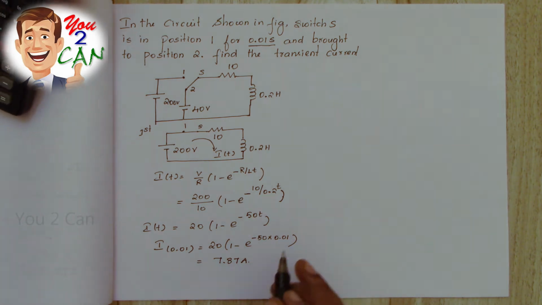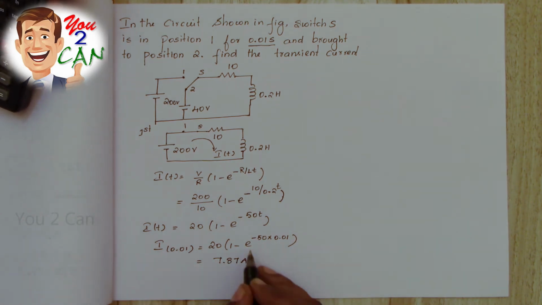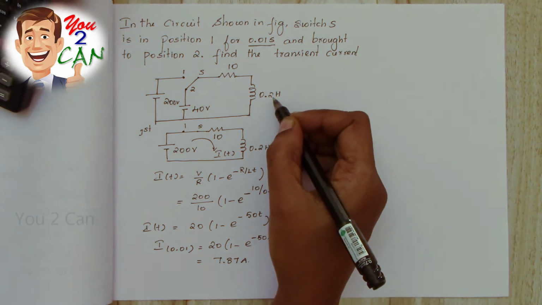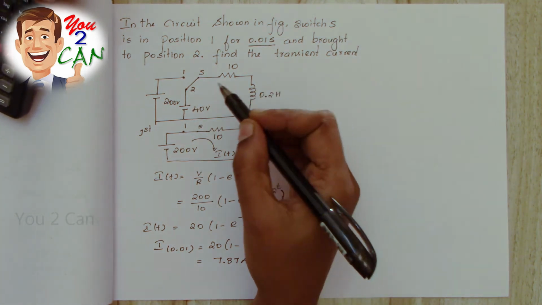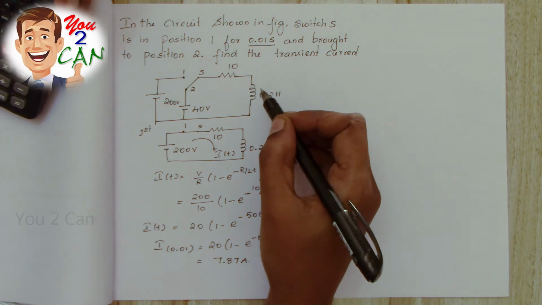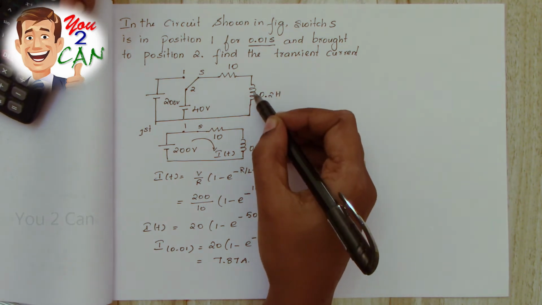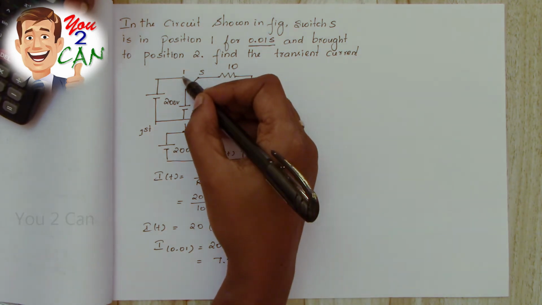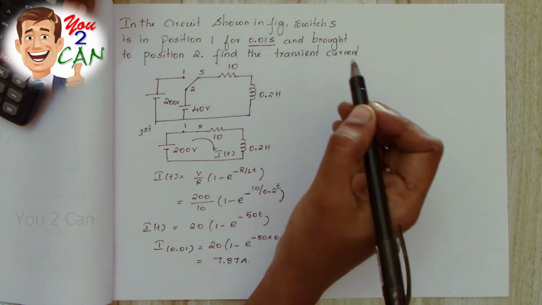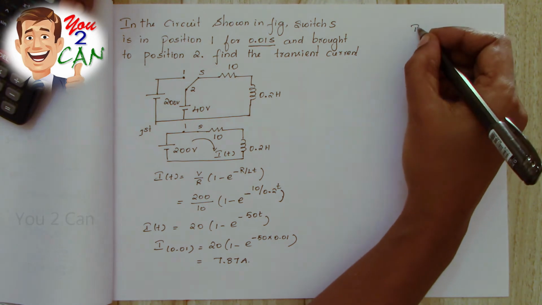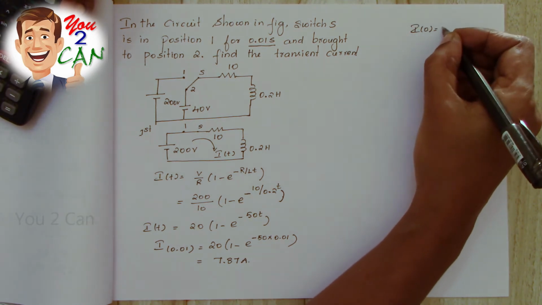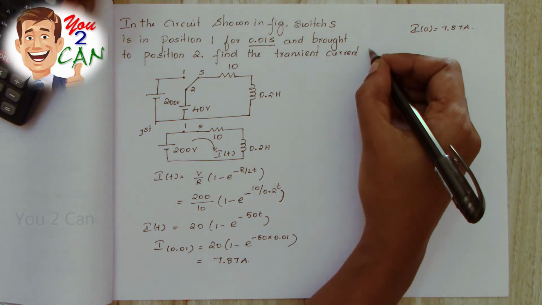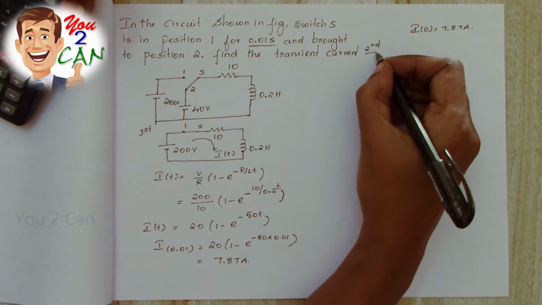Remember that this will be the initial condition of the inductor at position 2. At position 2, the initial condition of the inductor is the current flowing through the inductor when it was at position 1 for 0.01 seconds, which is 7.87 amps.